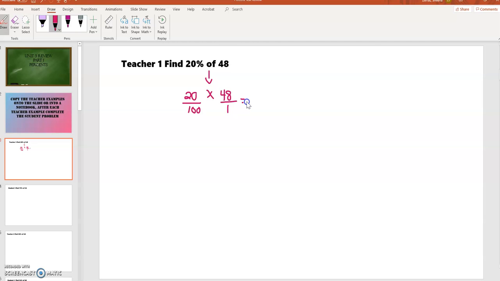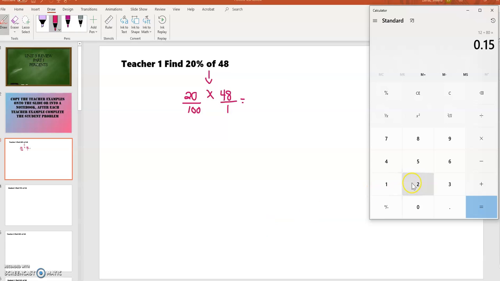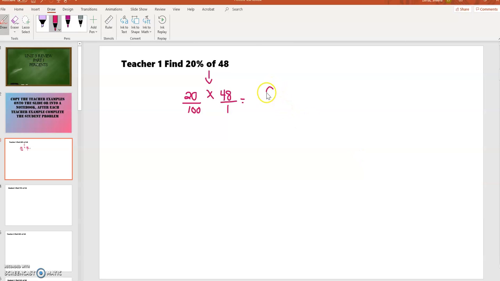When we multiply fractions, we are going to multiply across our numerators and across our denominators. You can do this calculation on a calculator. So 20 times 48 is 960, and 100 times 1 is 100.